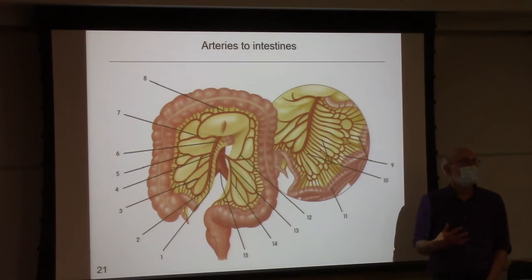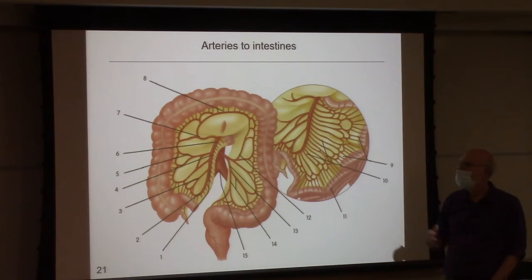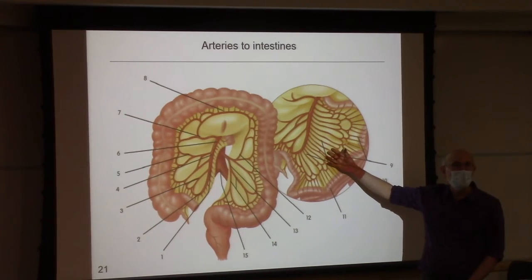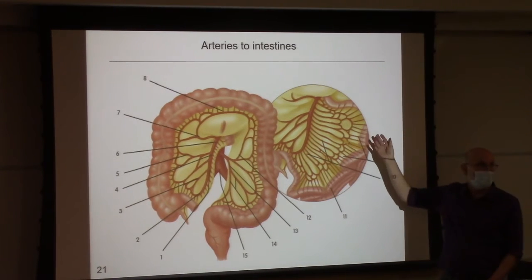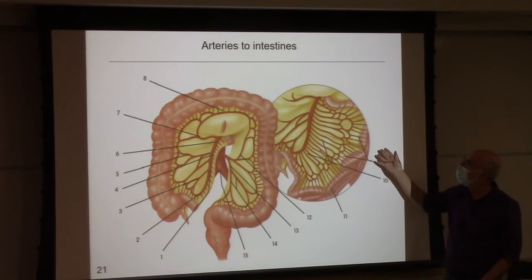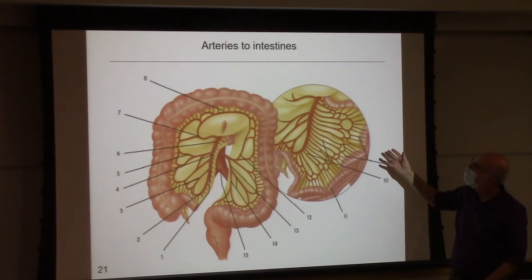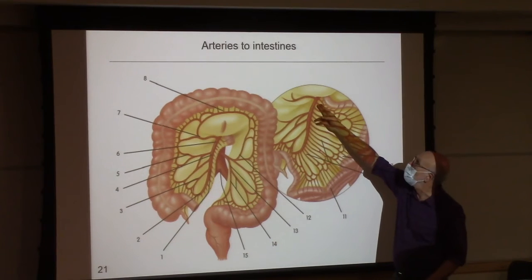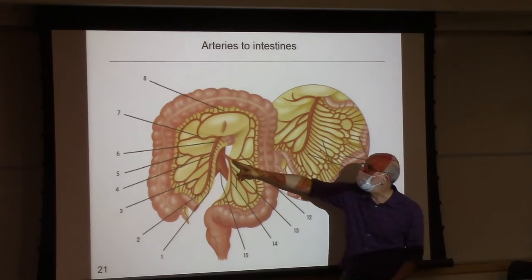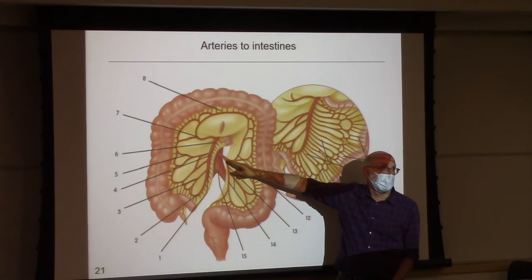They've got a name that makes sense, so sure, why don't I ask you to know the ileal and jejunal arteries, because they are serving the ileum and the jejunum. They are feeding into something that feeds into the inferior mesenteric artery.